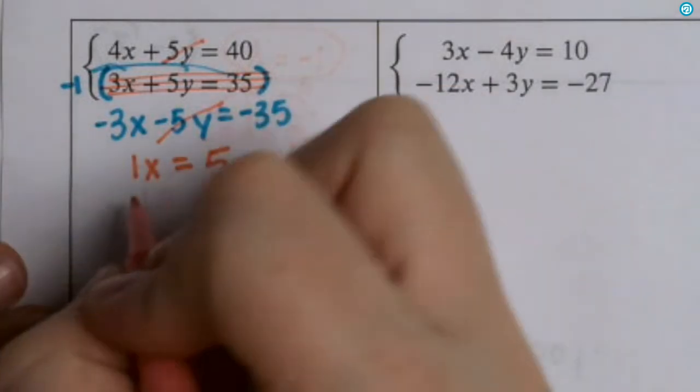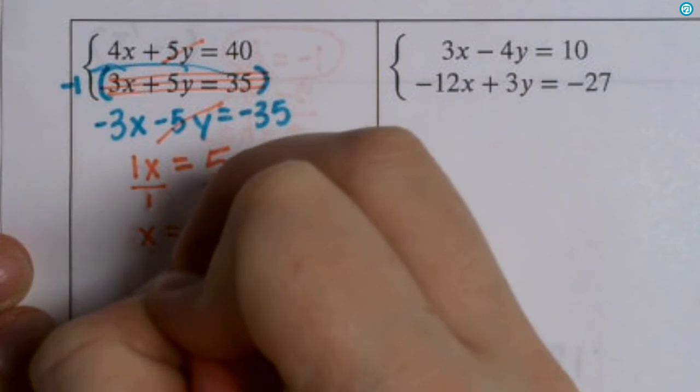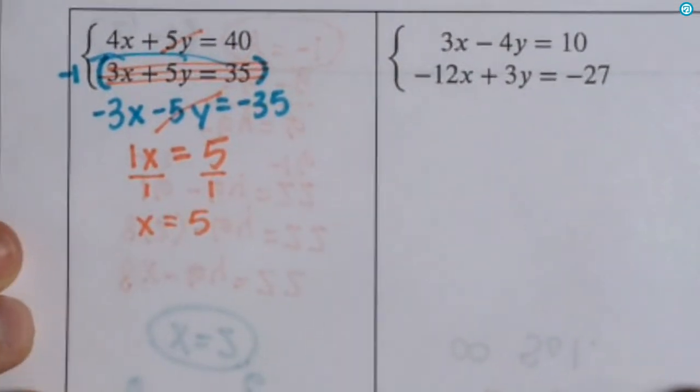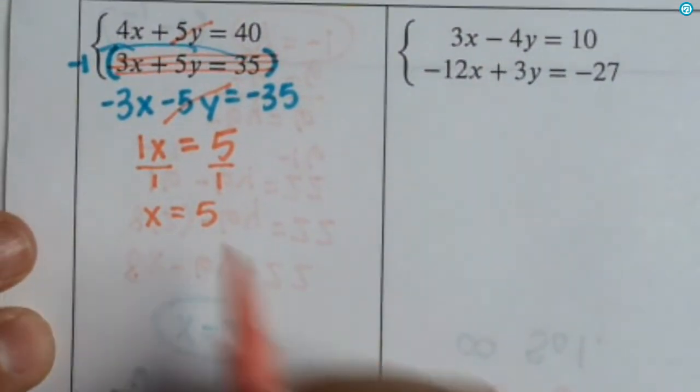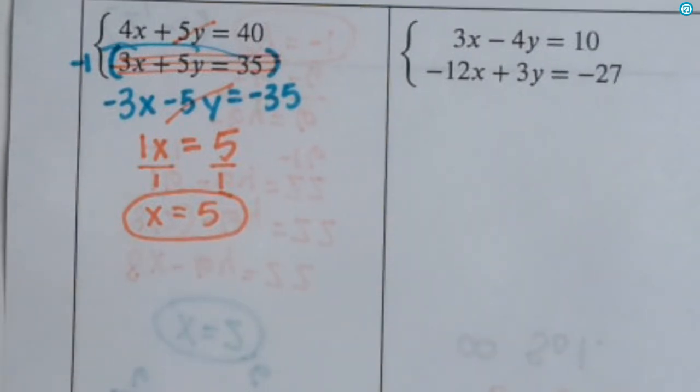So I could show my work of dividing both sides by 1, or I could just know that x and 1x are the same thing. Therefore, x equals 5. Then I am going to plug in that number for x in my original top equation.